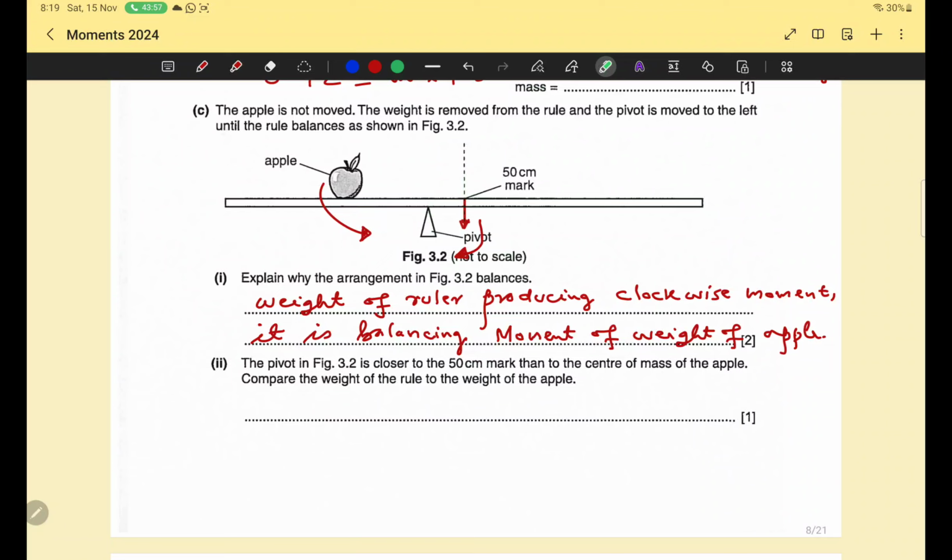Okay, and now the pivot in figure 3.2 is closer to the 50 centimeter mark than to the center of mass of the apple. Compare the weight of the ruler to the weight of the apple.